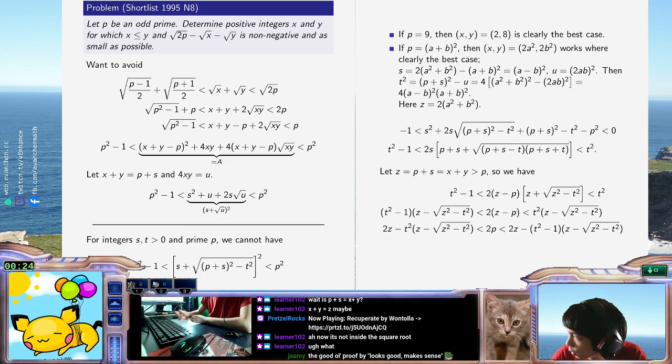Sorry, so this is actually checkout. No, it doesn't check out.